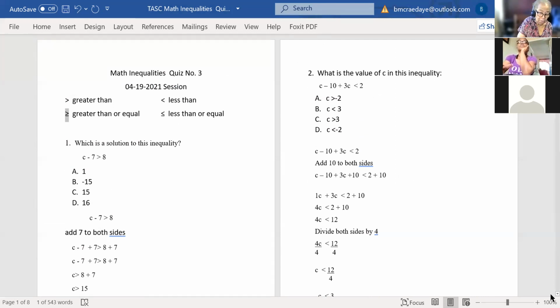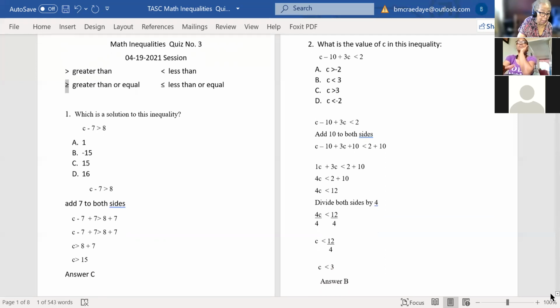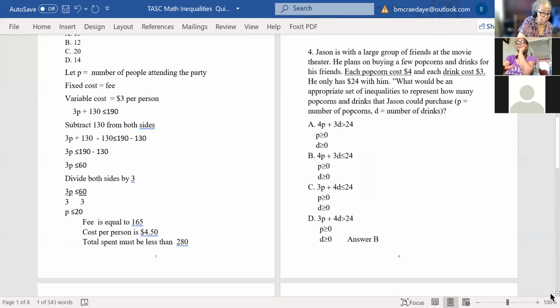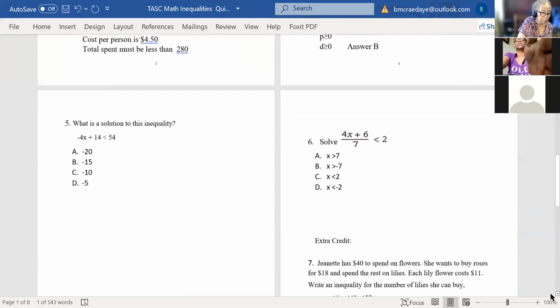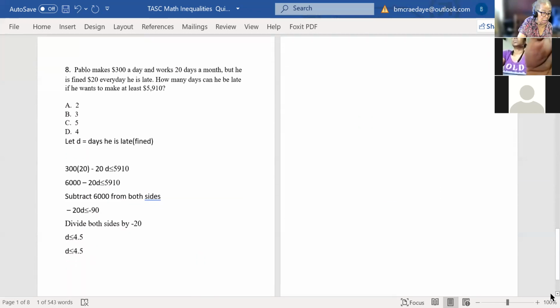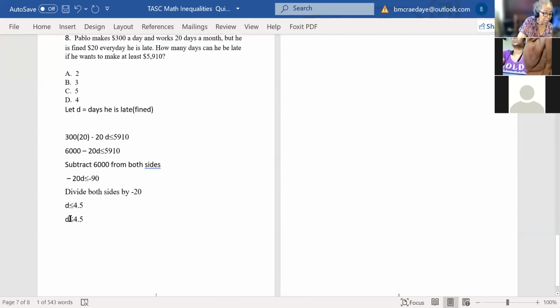And I'll make a note there: when you divide or multiply by a negative, you reverse the inequality symbol. Now remember, reverse inequality symbol.